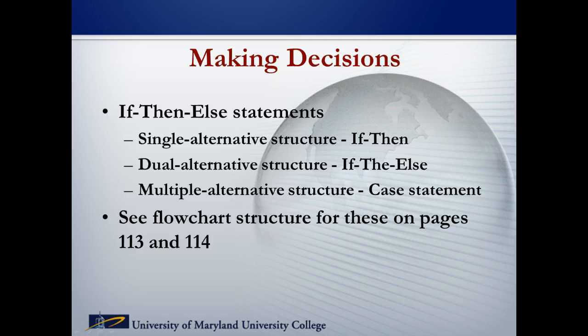It's very important that you understand how these flowcharts are constructed, because as I've mentioned, Raptor is not very good at handling some of these, and certainly the case statement. So let's look at, let me see if I can find the control structure for the case statement real quick.